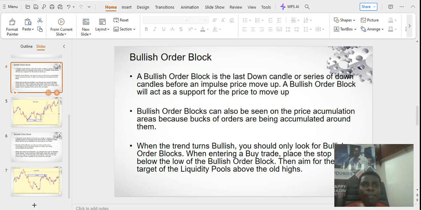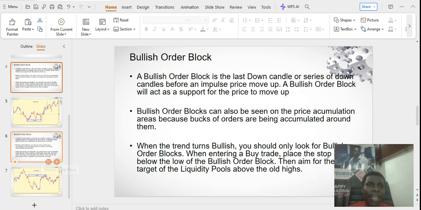In a bullish order block, the trend will turn bullish, so you should look for a bullish order block. When you are entering a buy trade, place your stop loss below the bullish order block.